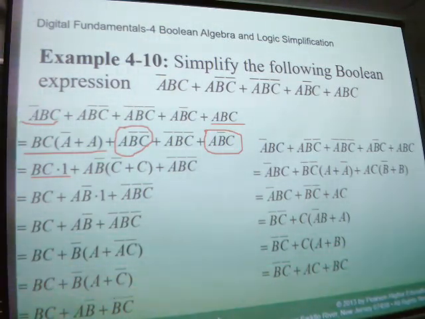So they can be written as AB bar and C bar plus C, right? C bar plus C. So C bar plus C equals 1. So it equals AB bar and 1. And A bar, B bar, C bar. Then AB bar and 1 equals AB bar.